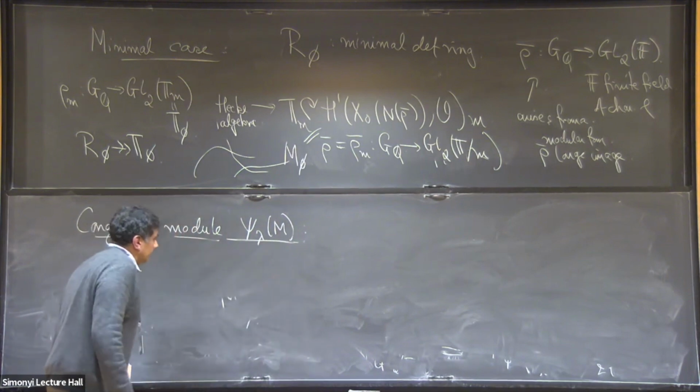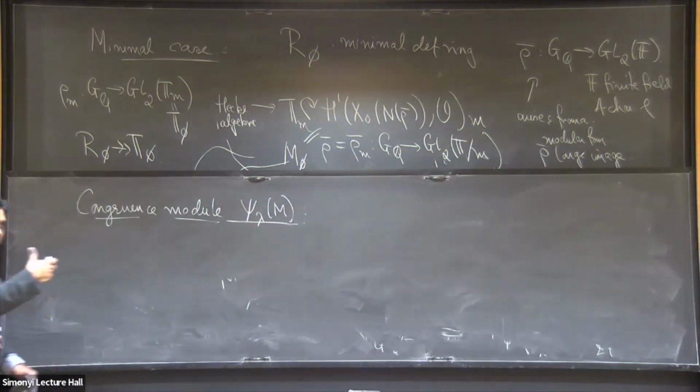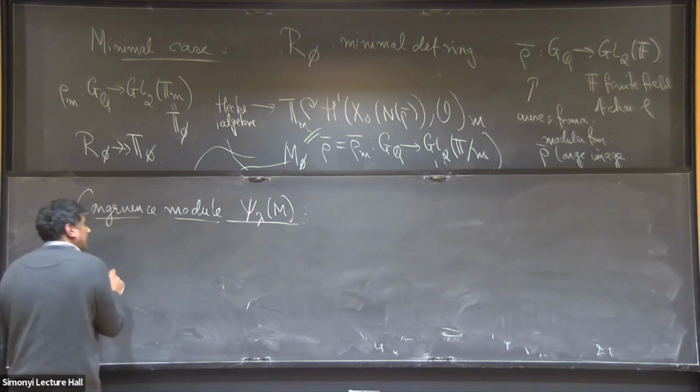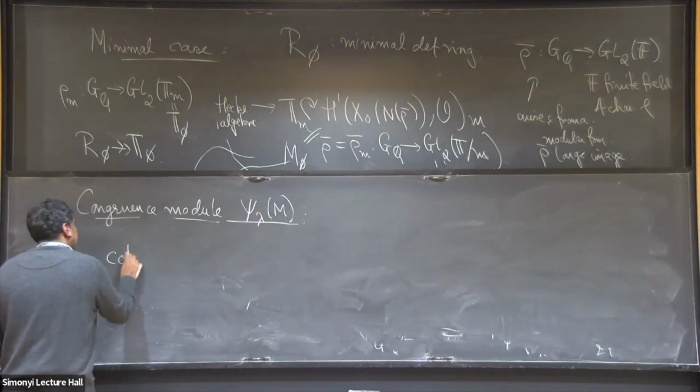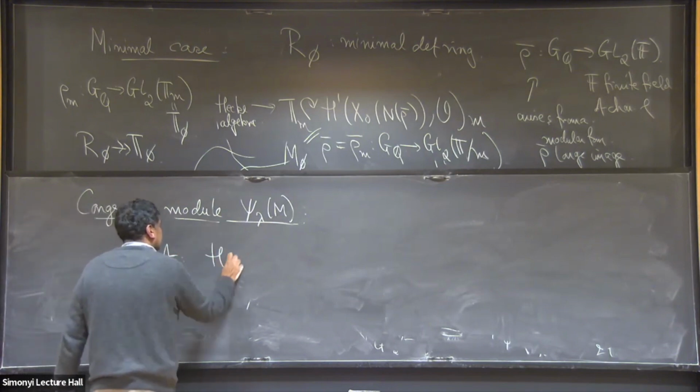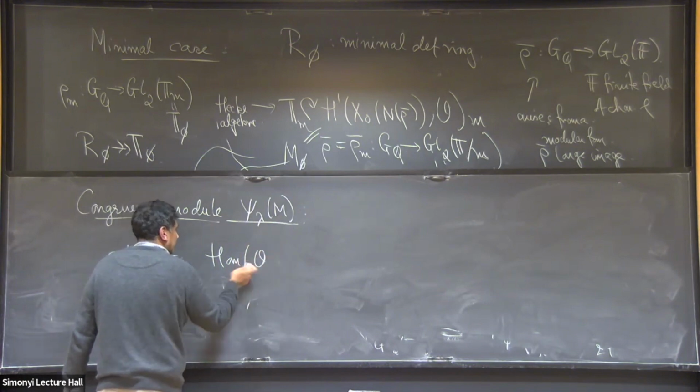So what is this? I'm setting this up so that I can tell you our generalization. This is the co-kernel of the following map. You go from Hom_R(O, M), as everything is R modules.